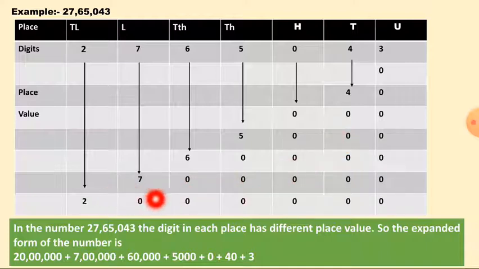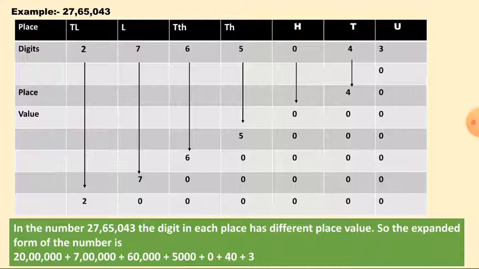Then after writing this, leave one line and write this: in the number 27,65,043, the digit in each place has different place value. So the expanded form of the number is 20 lakh plus 7 lakh plus 60,000 plus 5,000 plus 0, at the 100 place there is no number so we wrote 0, plus 40 plus 3. So this is the way you have to copy this in your notebook.